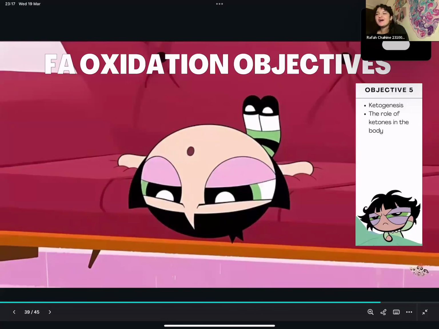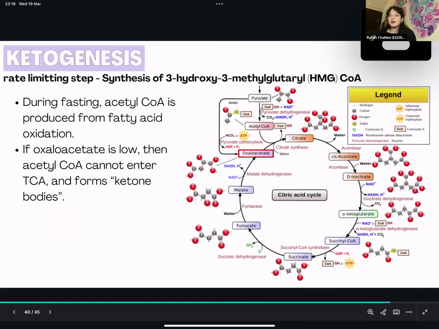Now, the only things that we need to talk about are ketogenesis and how to use ketone bodies in our body for energy. So this is the easiest section. Now, I know this is like PTSD a little bit, but we're not going to be talking about all of this. Don't worry, okay? The reason that this is important to me is because I want to understand in what cases does acetyl-CoA go into ketogenesis?